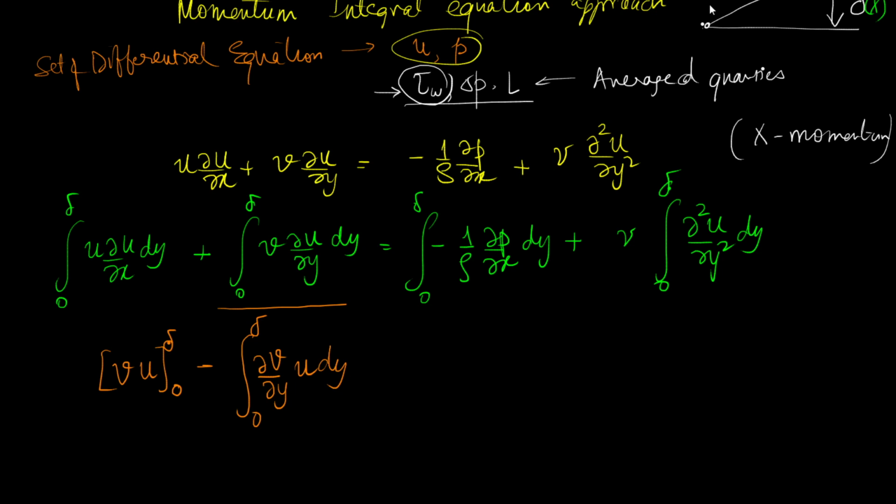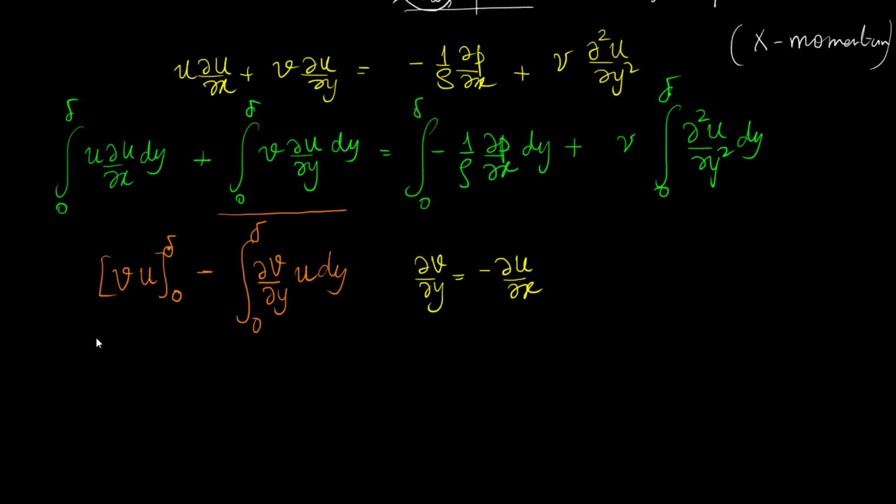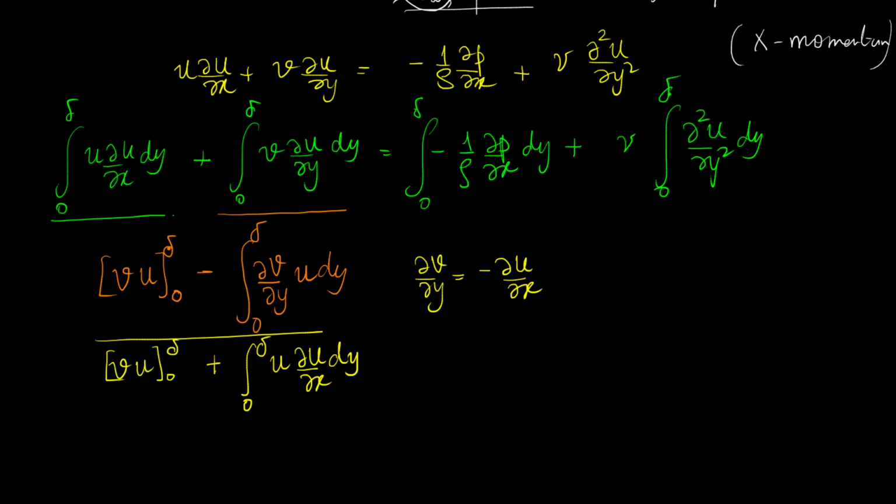Now we can make use of the continuity equation to represent del v del y as minus del u del x. Using this, v times u going from 0 to delta is no problem, but this entire term will become plus integral 0 to delta u del u del x dy. Finally you see that this term and the first term are equal.